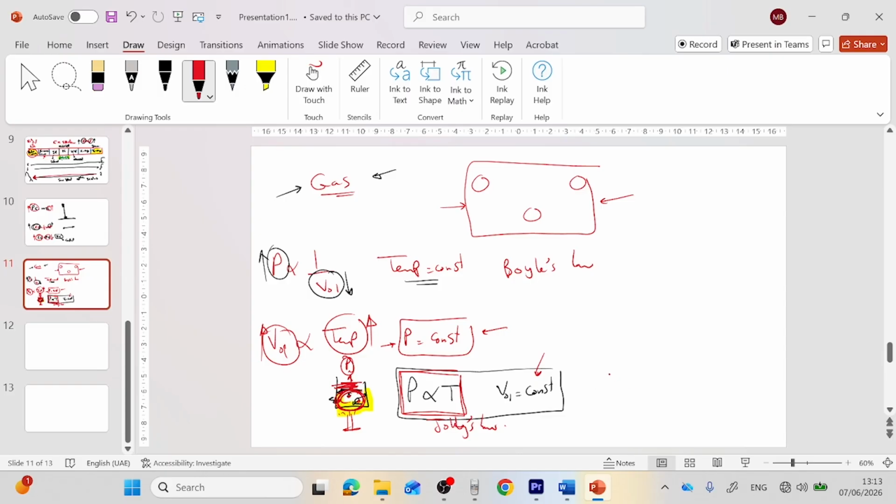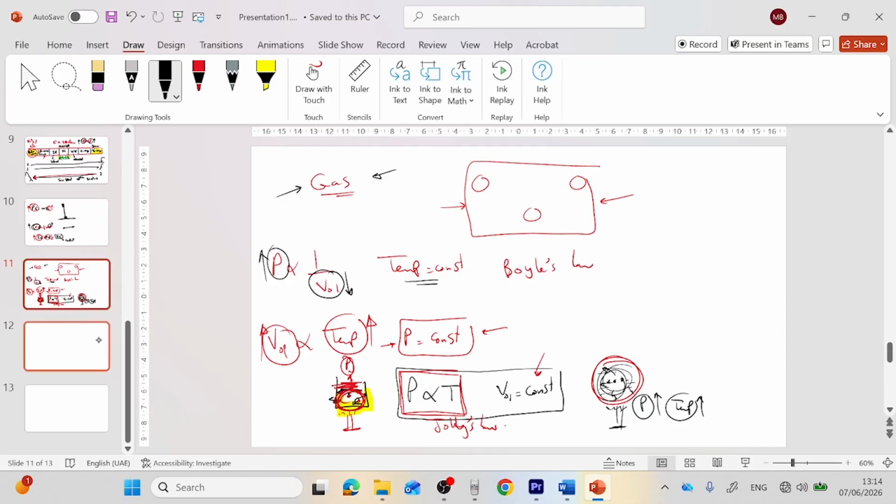So if you have a container of fixed volume that contains an amount of gas and you try to heat it up, the molecules' kinetic energy will increase, so the number of collisions will increase, so the pressure of the gas will increase as the temperature increases.